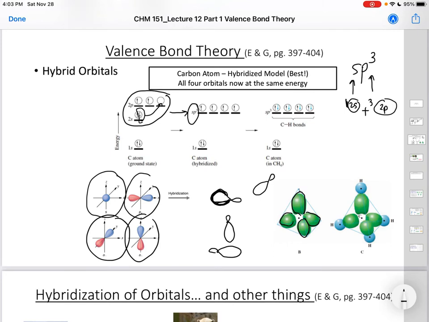And if you bring in your hydrogens, then it looks like this model right here. The nice thing is, remember, they're all at the same energy, and in this situation, the blue arrows are the hydrogens. Hydrogen comes in with one each, or 4 hydrogens, so that you have an octet, which is what we'd have in the valence bond theory.